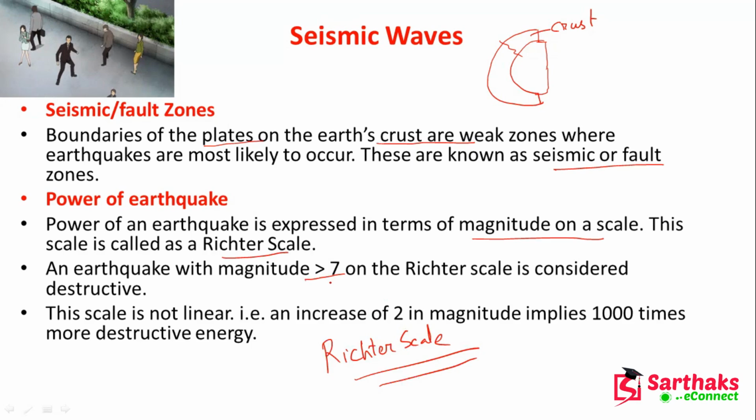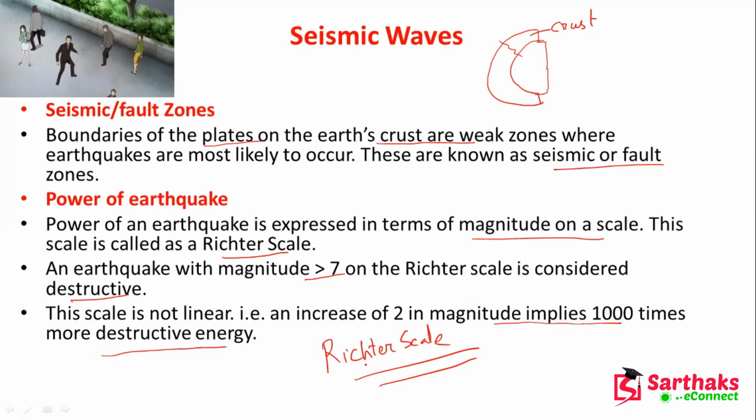But if it is greater than 7, at that time it is very much destructive. And this scale is not linear; an increase of 2 in magnitude implies 1,000 times more destructive energy.